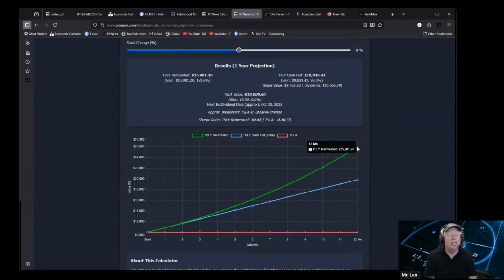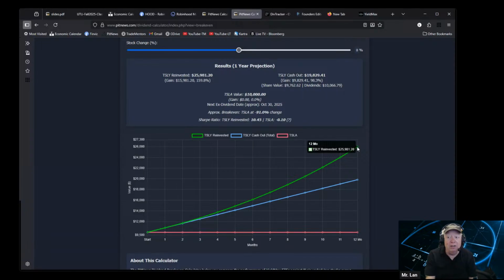So Tesla itself can go flat, nothing, and you still make a ton of money because you're the insurance company. Tesla went sideways, so nobody made any claims on their insurance policy, right? The company didn't make any money on their growth. There was no growth. But because they're collecting insurance premiums every month, they still made $25,000.